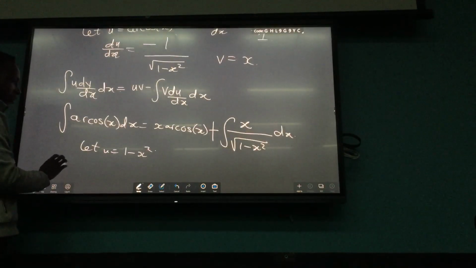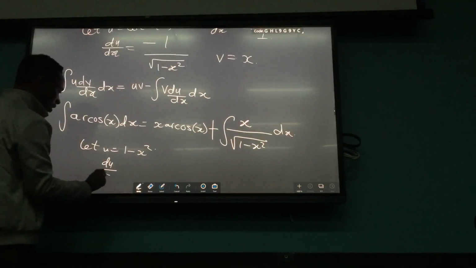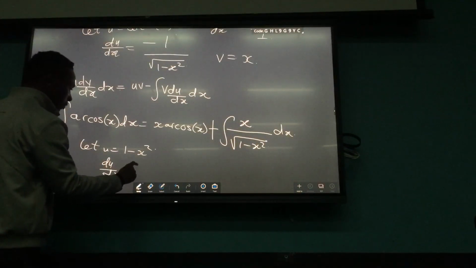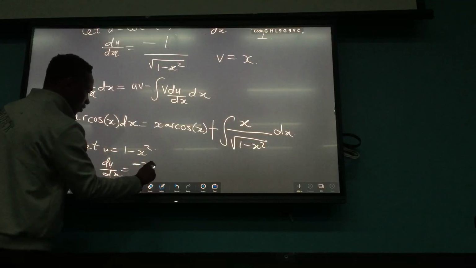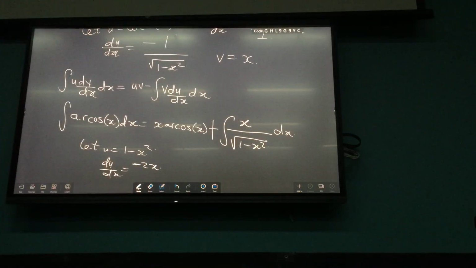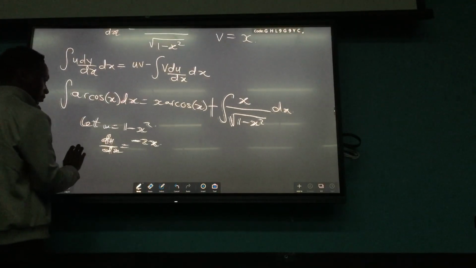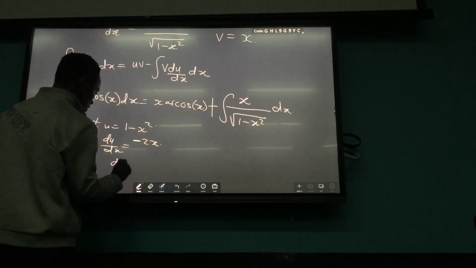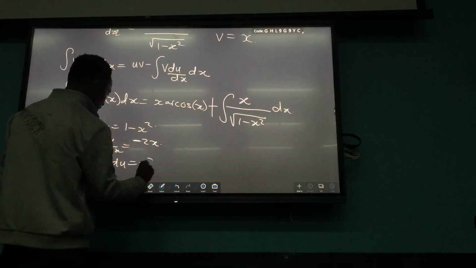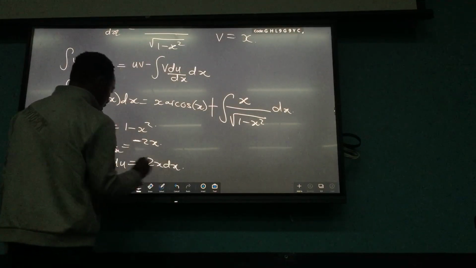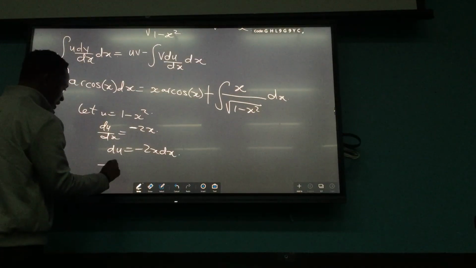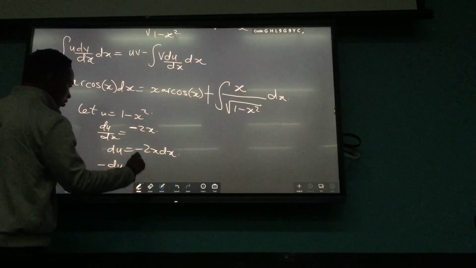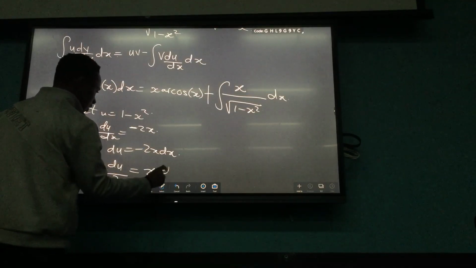That gives us du over dx equals minus 2x, right? So if du over dx is minus 2x, then du is minus 2x dx, meaning minus du over 2 is equal to x dx.